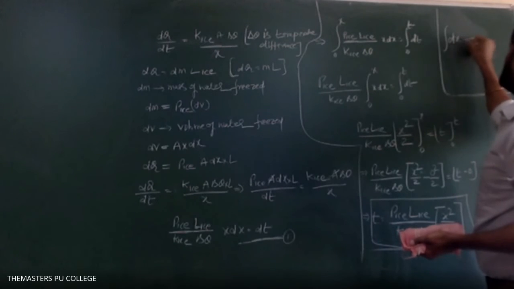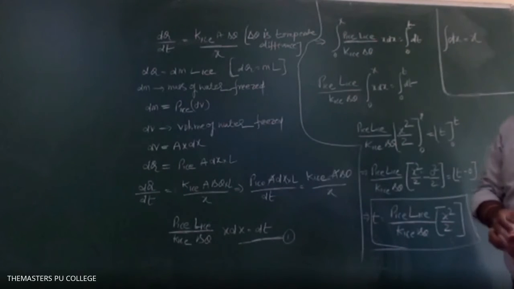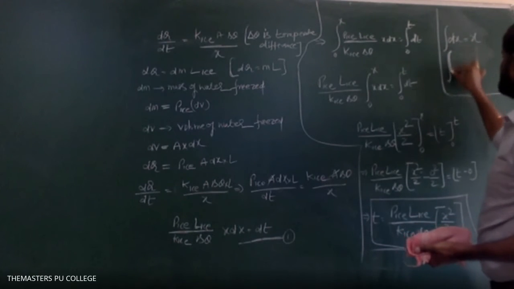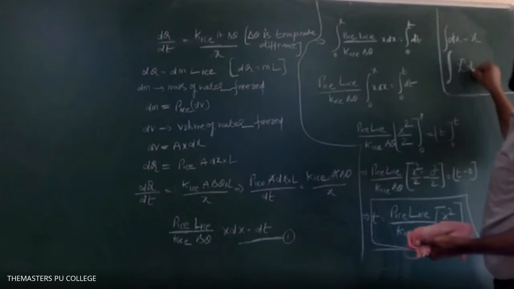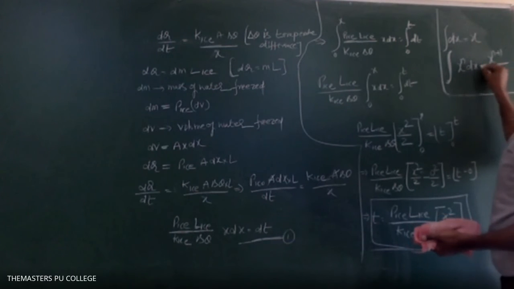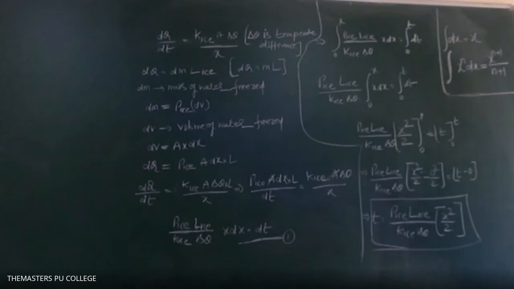Integral dx is equal to x. Integral x power n dx equals x to the power of n plus 1 upon n plus 1.